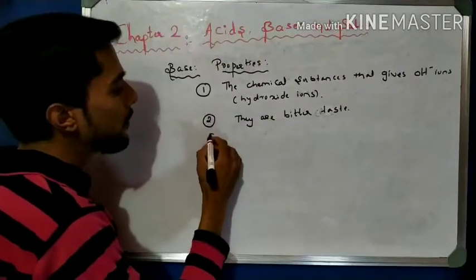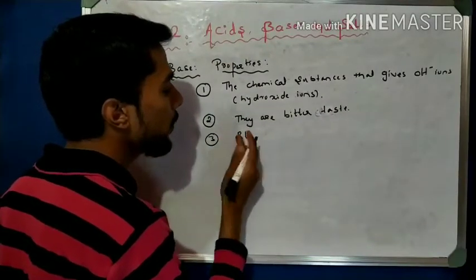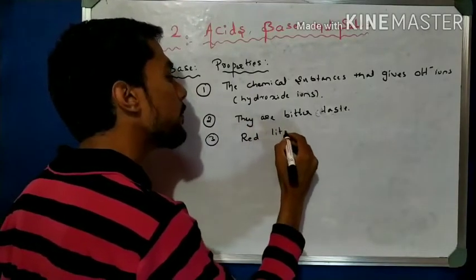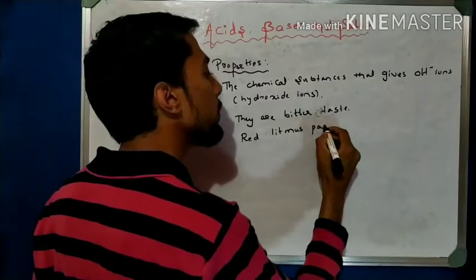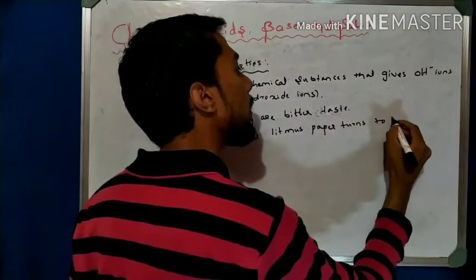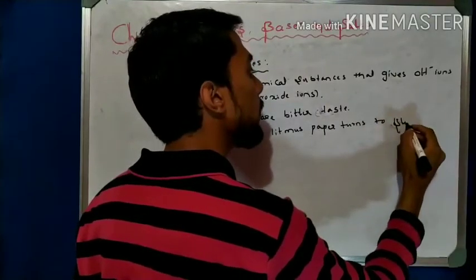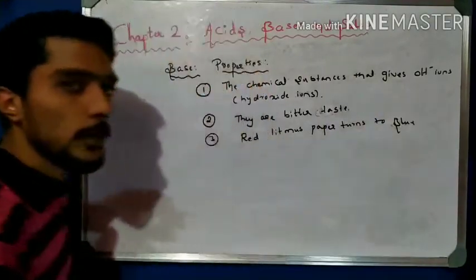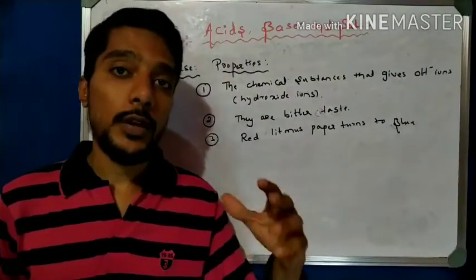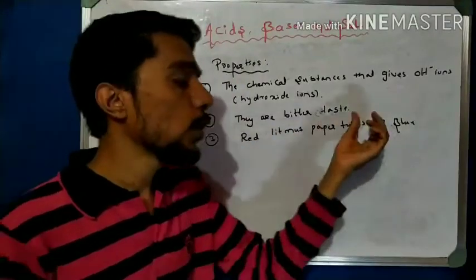Then the third property: a red litmus paper turns to blue. In the case of acid, we observe that blue turns to red, but in this case it is reversed, the red turns to blue.